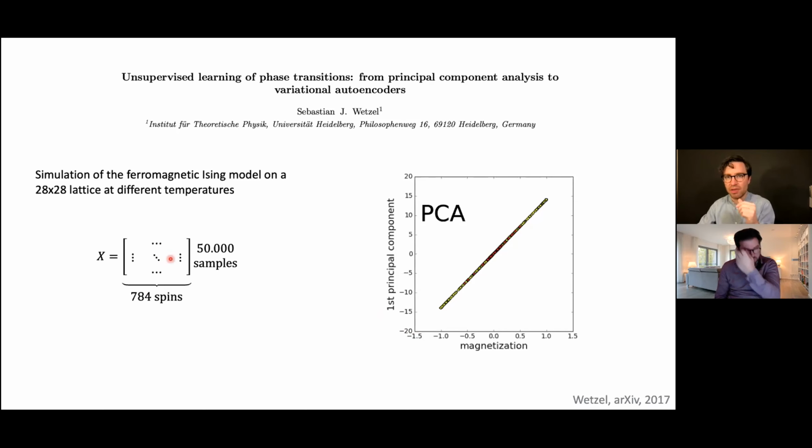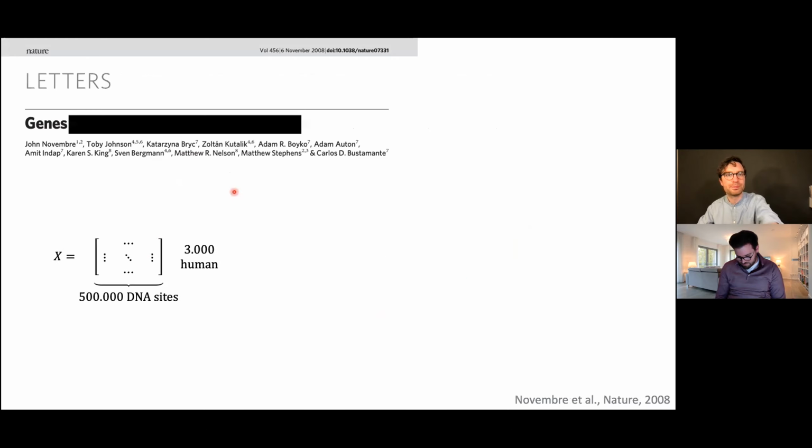So this is rather an artificial example, right? Because we know very well how an Ising model behaves. But what about systems where we don't really know how they work? For instance, humans. So this is a paper from Nature in 2008. Last author was Bustamante. And what they did was they quantified human DNA. So they took 3,000 European humans.